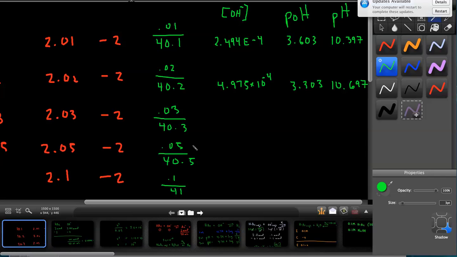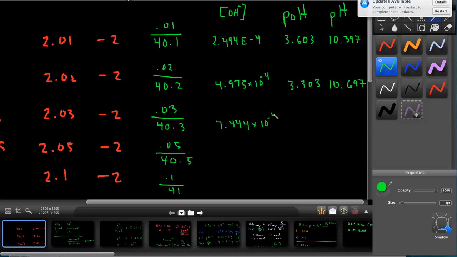0.03 divided by 40.3 is 7.444 times 10 to the minus 4. pOH is 3.128.